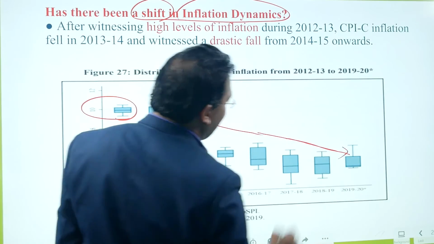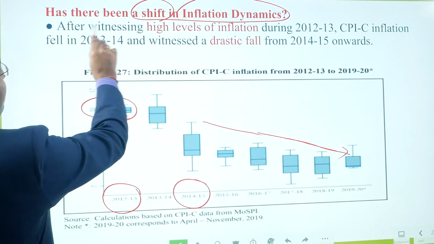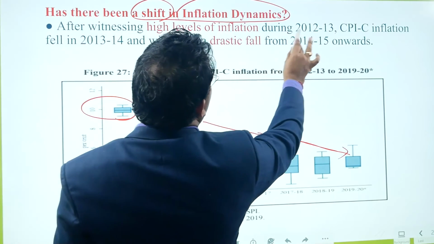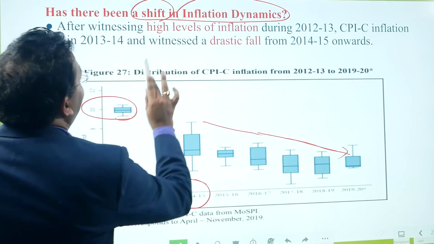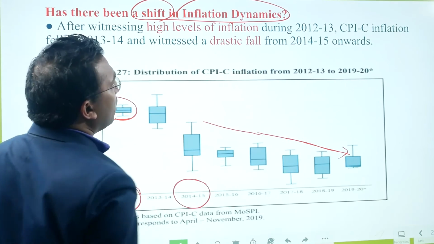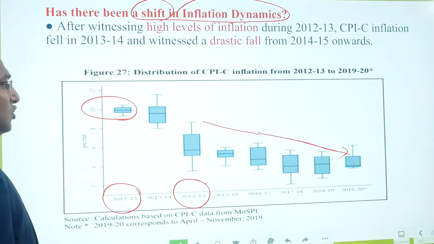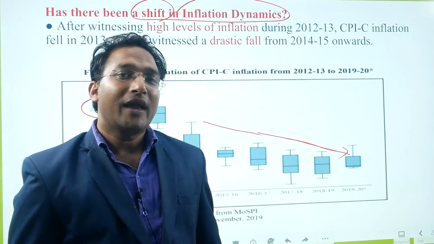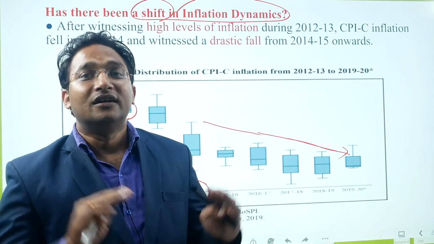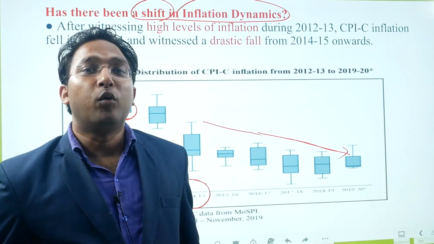After witnessing high levels of inflation during 2012-13, CPI-C inflation fell in 2013-14 and witnessed a drastic fall from 14-15 onwards. This is one of the achievements of the government, and one of the contributing reasons has been the decrease in the prices of imported crude oil.